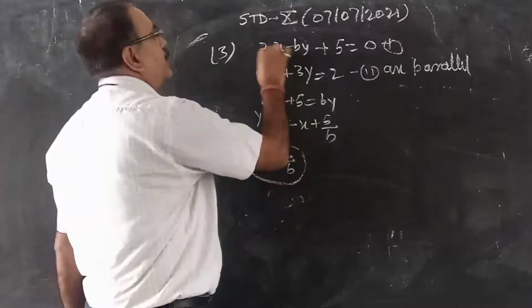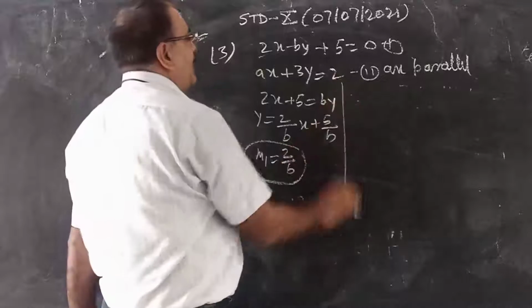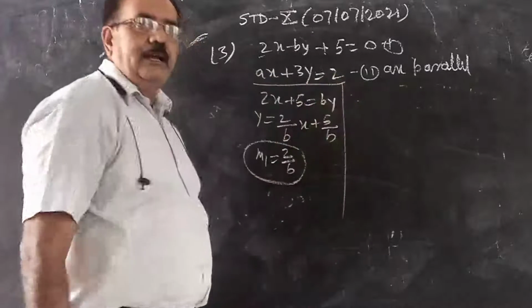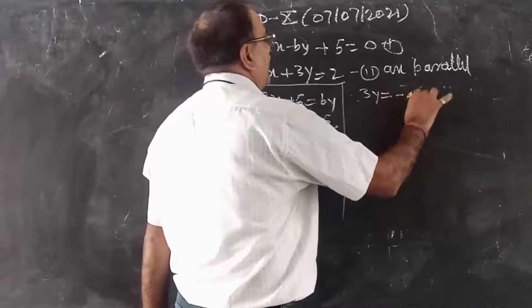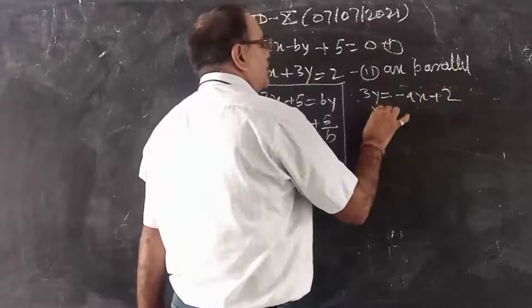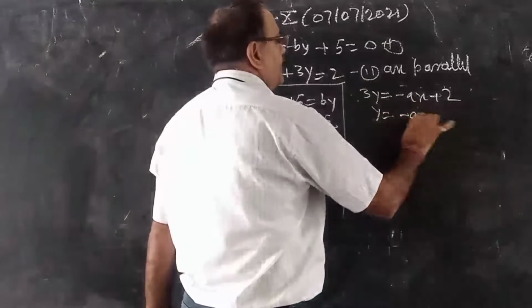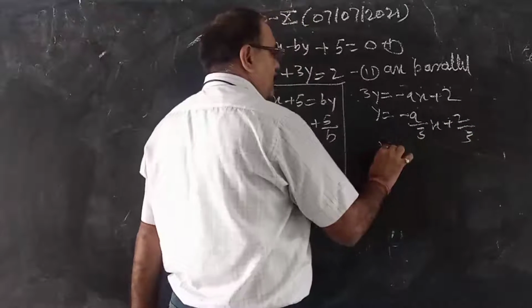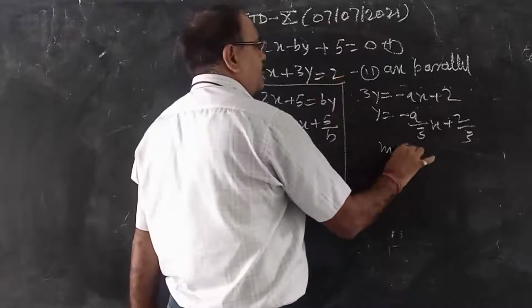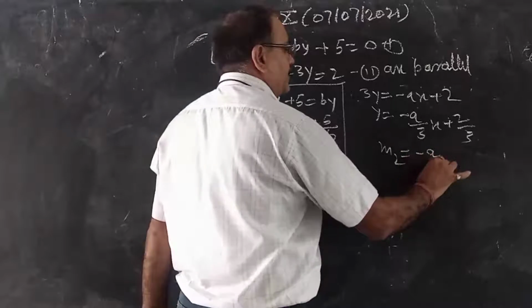This is the slope of the first line. For the second line, 3y = -ax + 2, so y = (-a/3)x + 2/3. So the slope of the second line, m2, is -a/3.